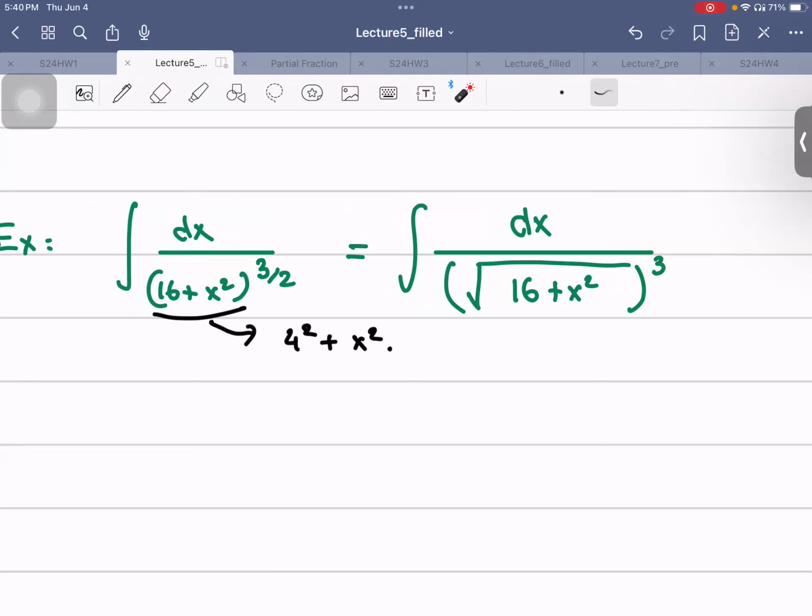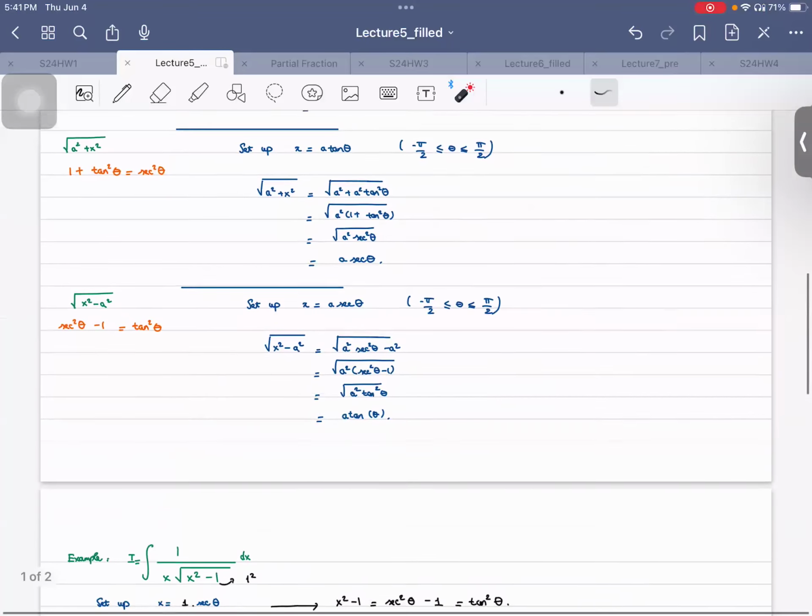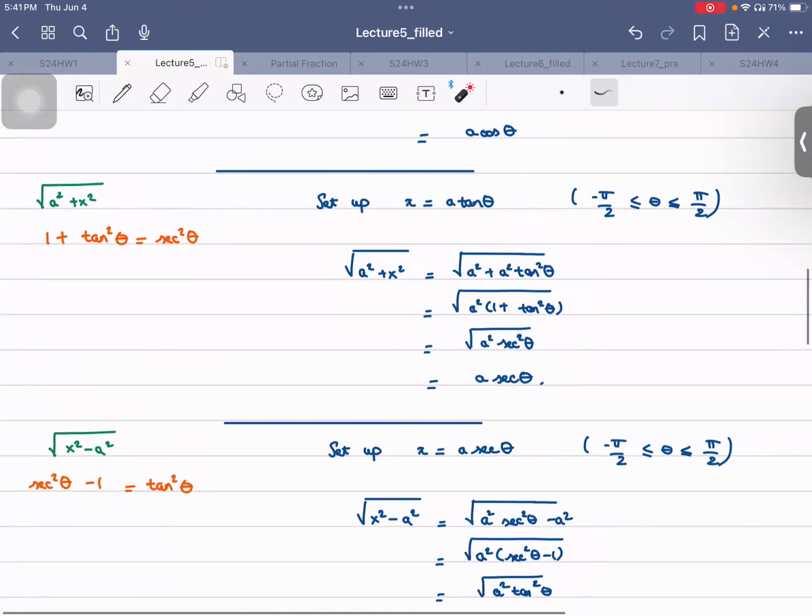Again, you still have the square root of something, and the point is you have the sum between two squares. 16 is a perfect square number, 16 is 4 squared. If you have a sum between two squares, you're going to use the substitution with tangent of theta.